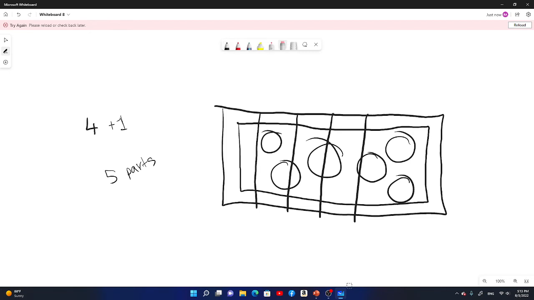Remember when you're splitting something up, the number of lines should be one number less than the number of parts.